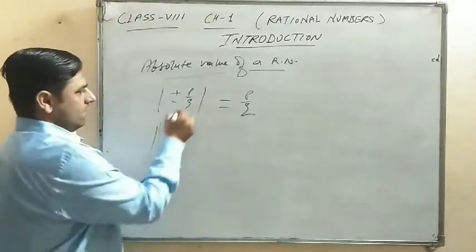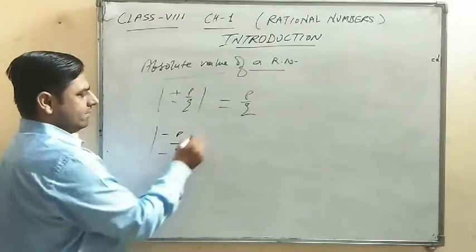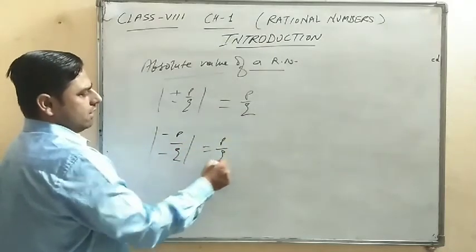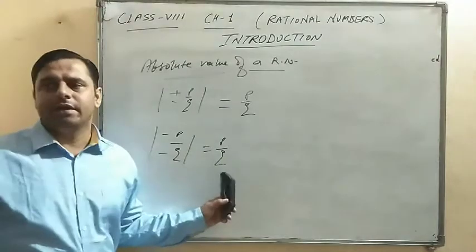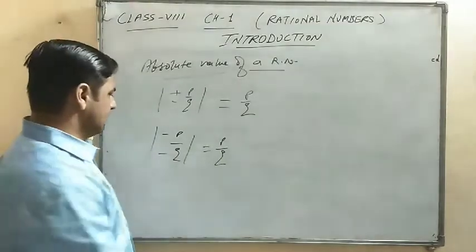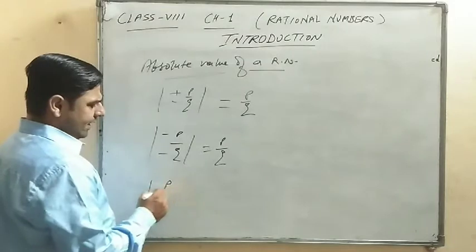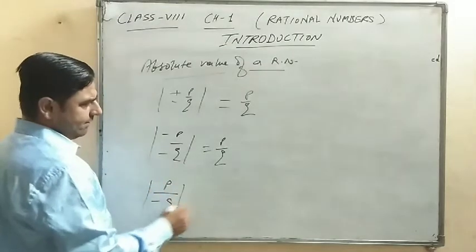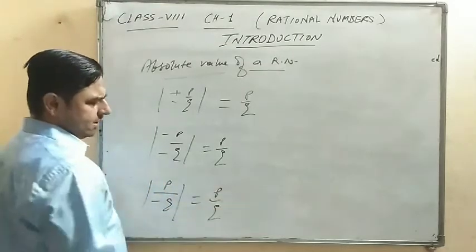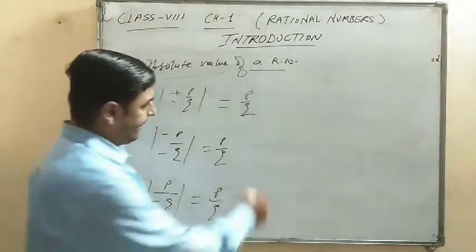So if both numbers are negative, the result is positive. If p is positive and q is negative, the result is positive.